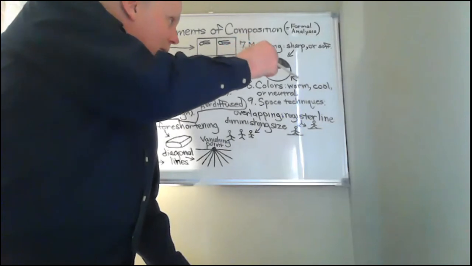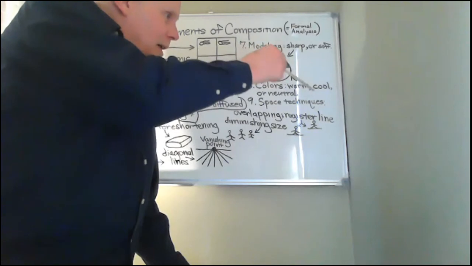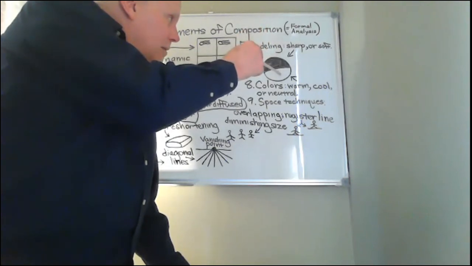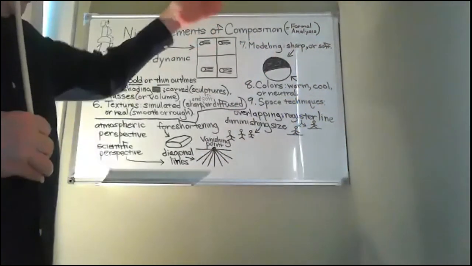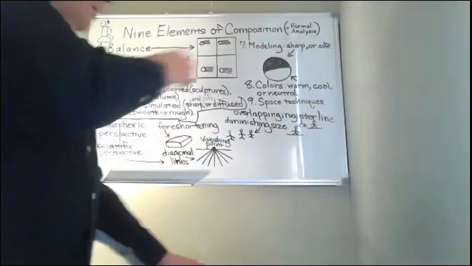The source of the light, I put the arrow here, let's say it's coming from the lower right side of this object. That part of the object, if you're using this technique of modeling, will be bright or well lit. And then the shadows will be on the back half, the half that doesn't get the light hitting it. And that's why I did this. It's the cross hatching again, right?